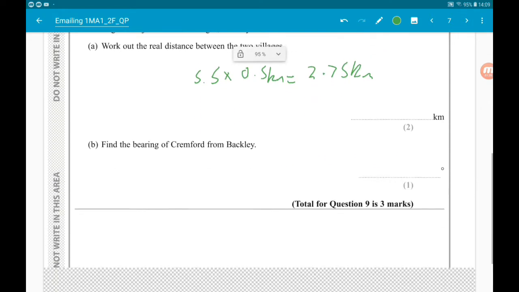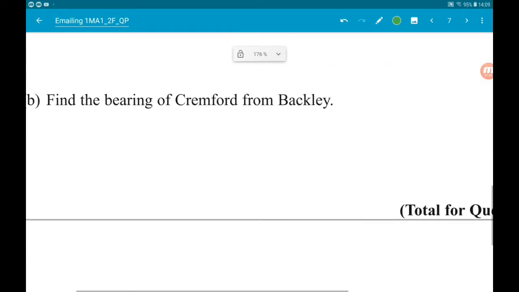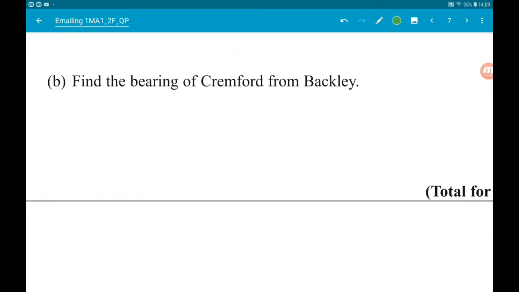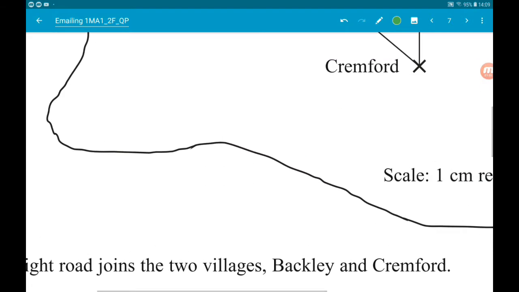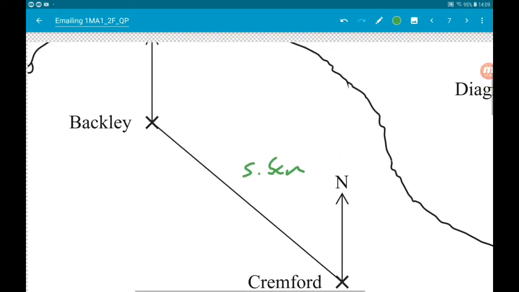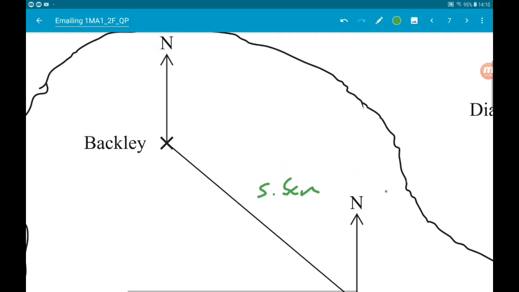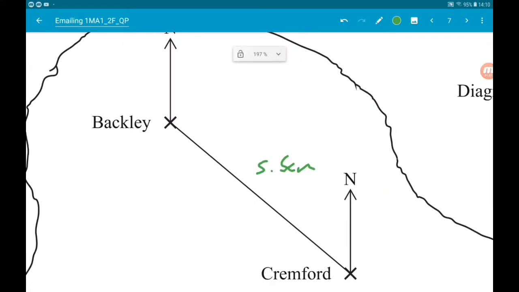Okay, then part B wants us to find the bearing of Cremford from Backley. So, bearings are, well, there's 2 important things we need to know. North is 0 degrees, and you measure bearings clockwise.